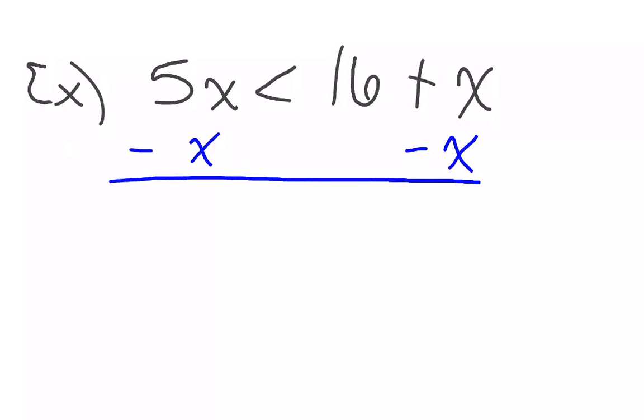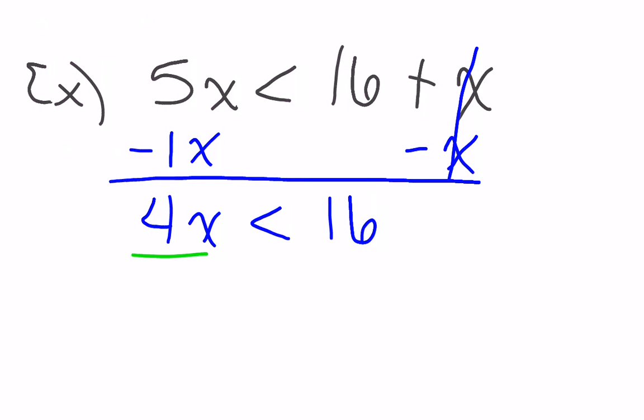And then we have 5x minus 1x. Remember, we can put a 1 there. And so that leaves us with 4x less than 16. x minus x is 0. And then we want to get x by itself, so we need to get rid of the 4. It's 4 times x, so we want to divide both sides by 4.